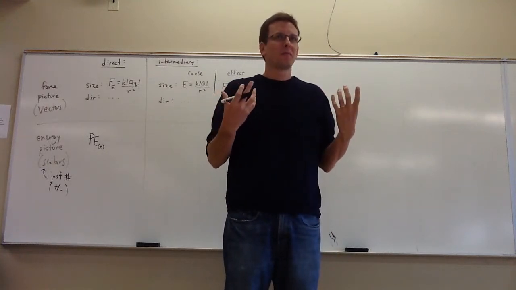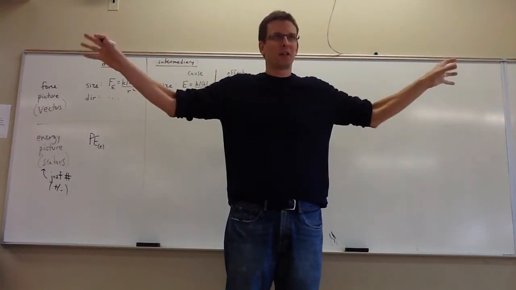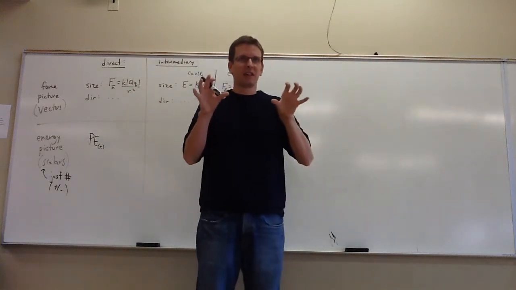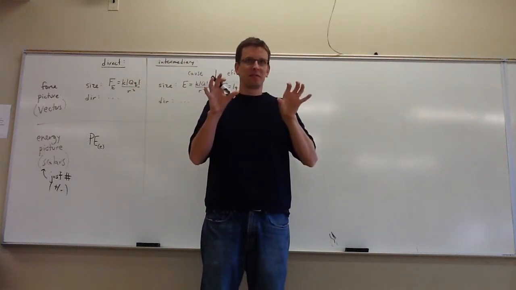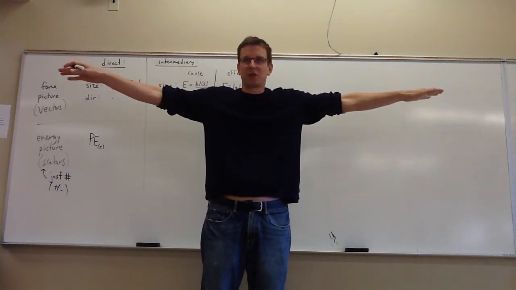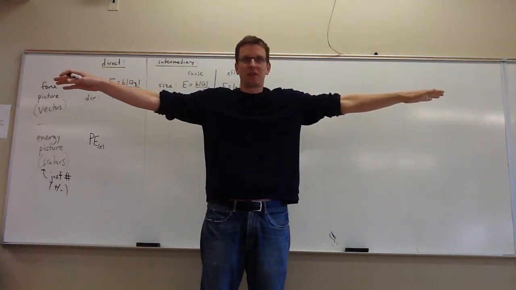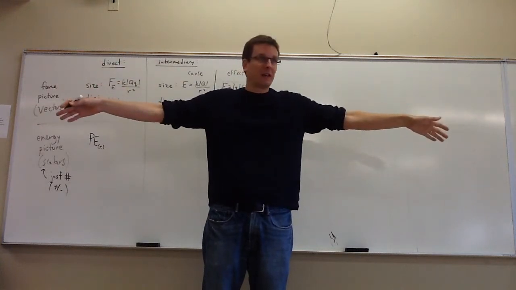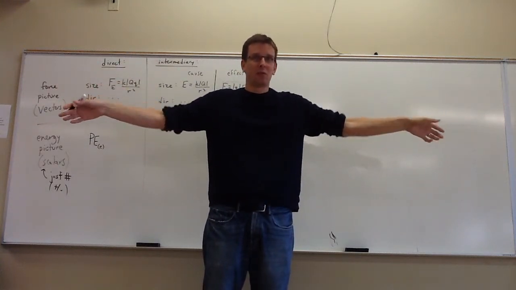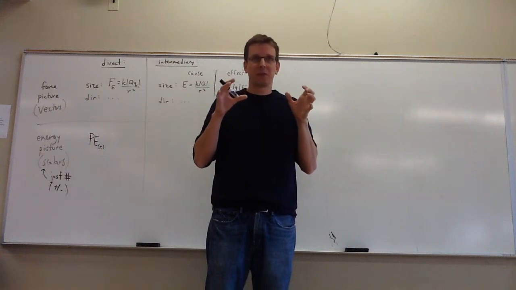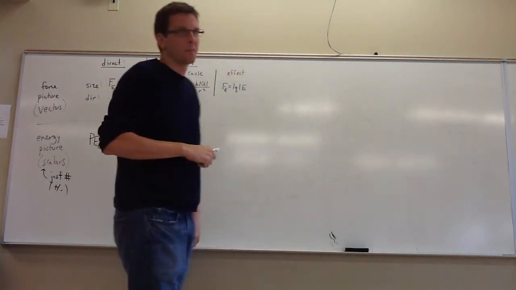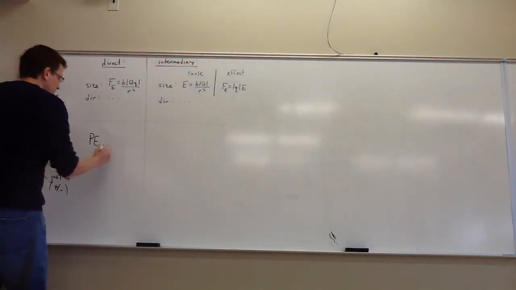Hopefully you don't have to be convinced, because if you bring two positive charges together, even though you might not see it, there's stored energy, because if I let them go, two positive charges are going to repel. They go faster and faster as they repel. The kinetic energy has to come from somewhere. Well, where did it come from? It came from the fact that it was stored when they were near each other. So let me give you the equation.